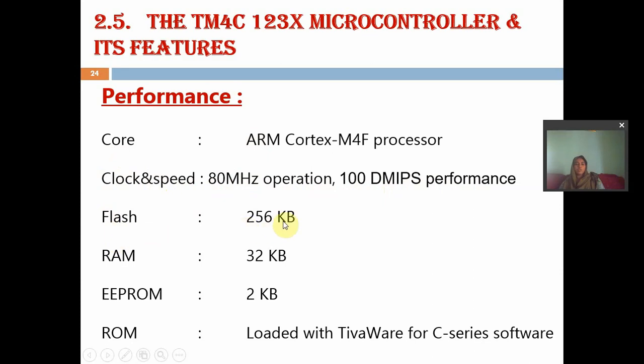The flash memory is 256 kilobytes, RAM is 32 kilobytes, EEPROM, electrically erasable PROM, is 2 kilobytes, and ROM is loaded with TivaWare for C series software.